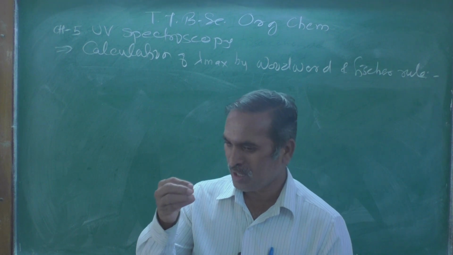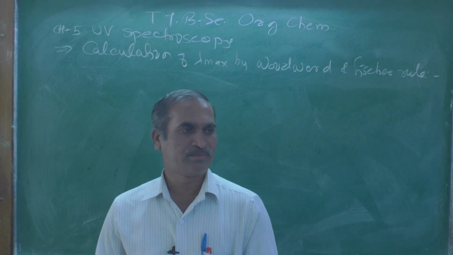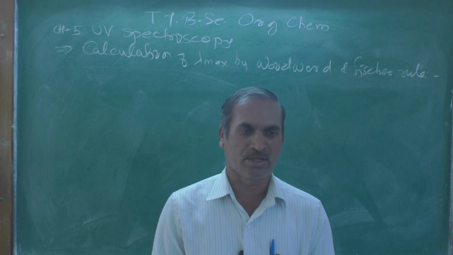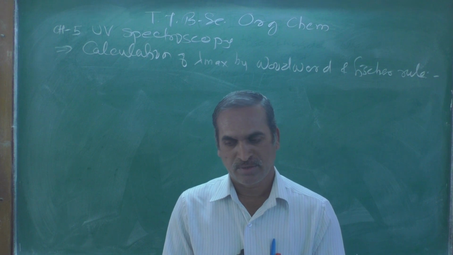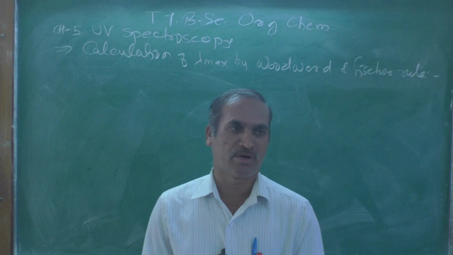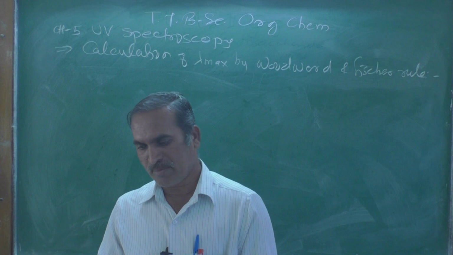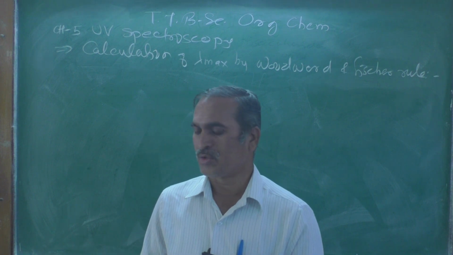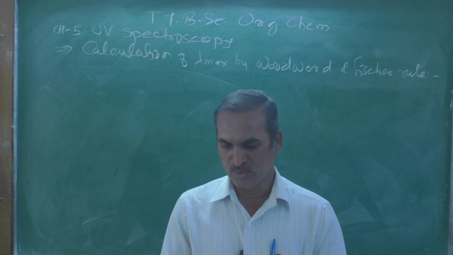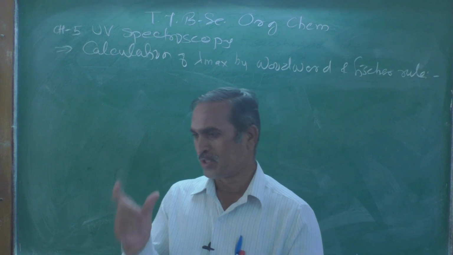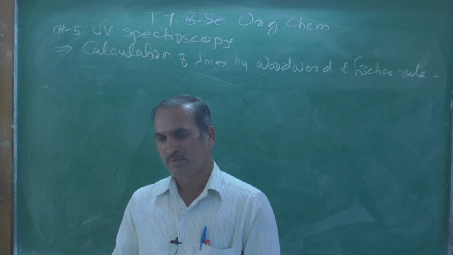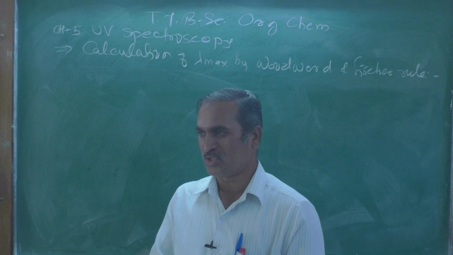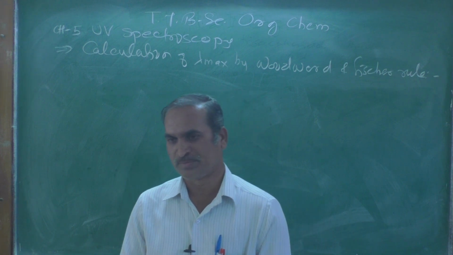And what are the essential things required for the calculation of lambda max by using the Woodward and Fieser rule? First, the thing required is a base value.